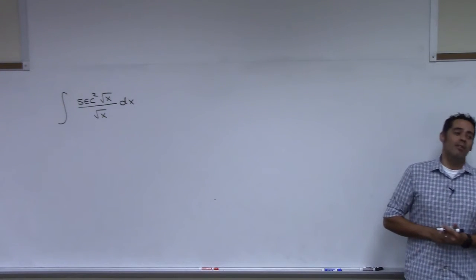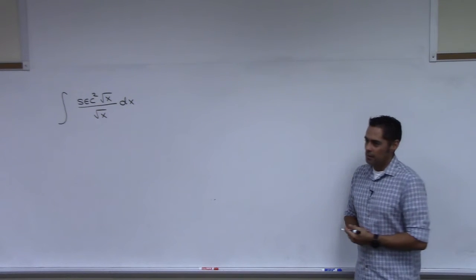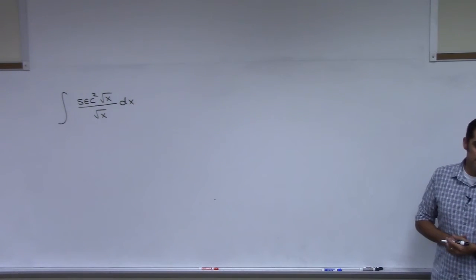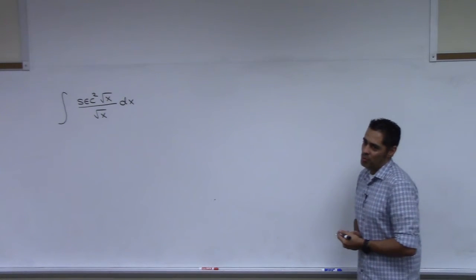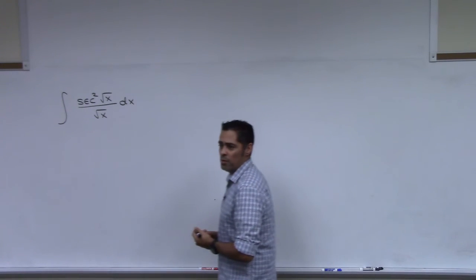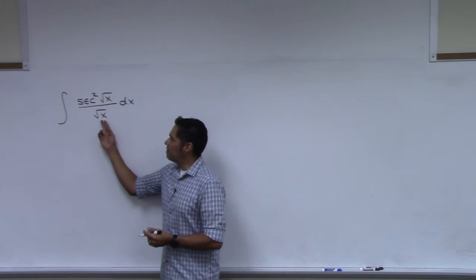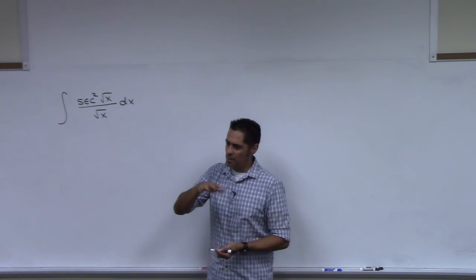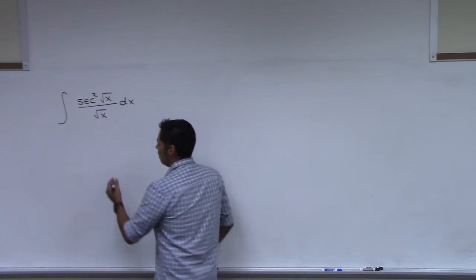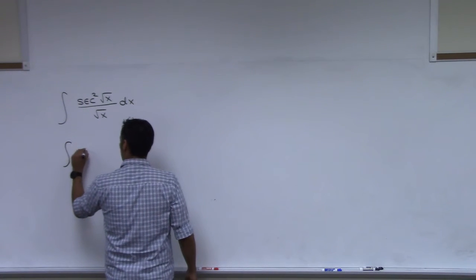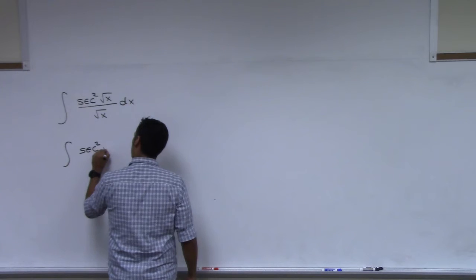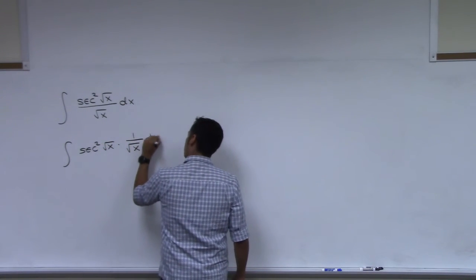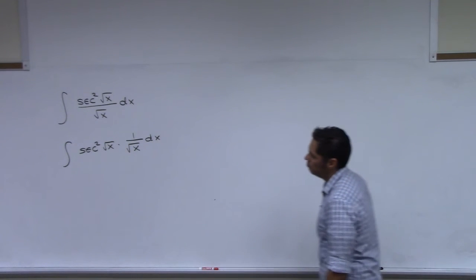Knowing what you know now from the last problem, do you have a good candidate for u? Root x, right? Because the derivative of root x has a root x in the bottom, and there it is. You're going to be off by a factor of 2. So maybe it'll help you, before you start, to just peel that 1 over root x off to the side, like that.